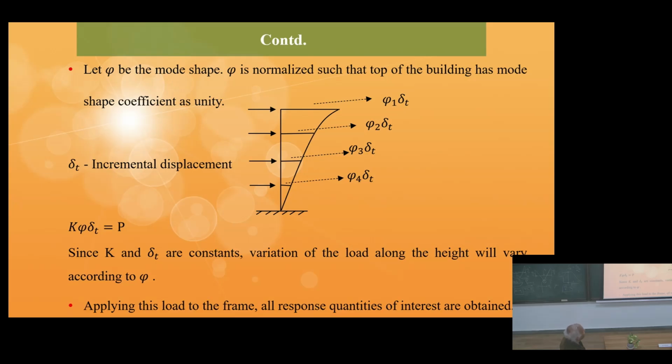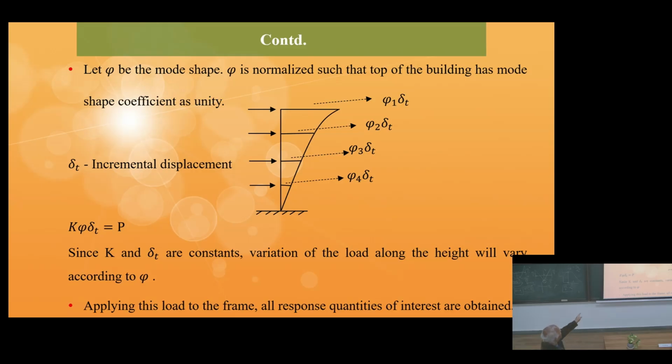If you are giving a top displacement delta t at any instant, then phi 1 into delta t, phi 2 into delta t, phi 3 into delta t are the displacements at different floors. And I am incrementing delta t only by a certain value, say 1 centimeter or 2 centimeters, in each increment.